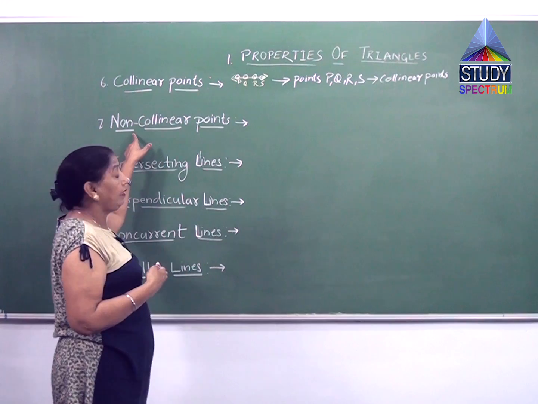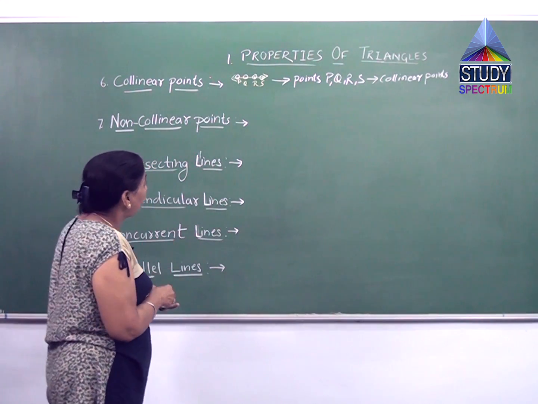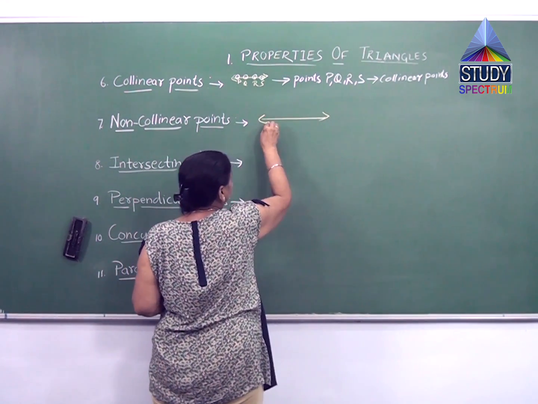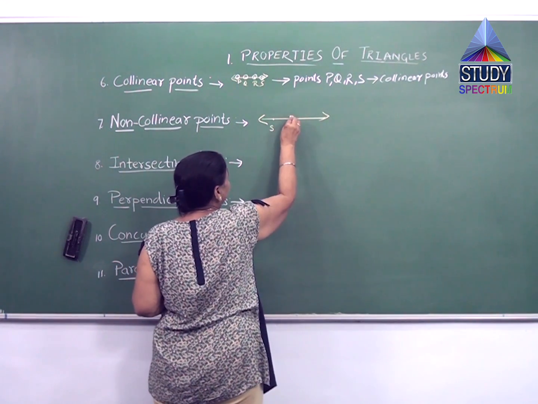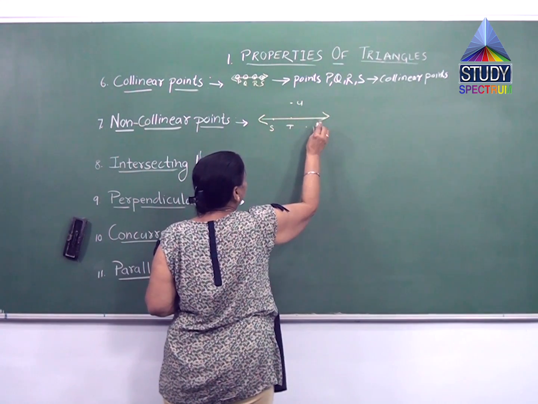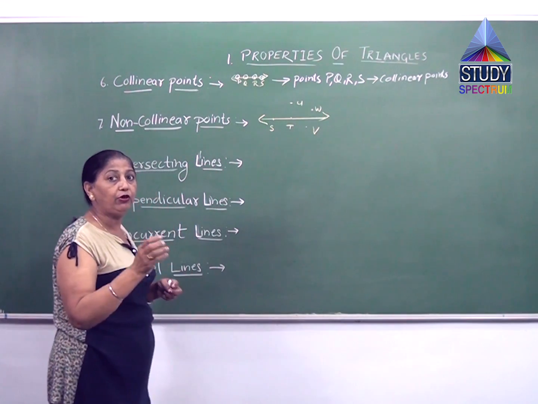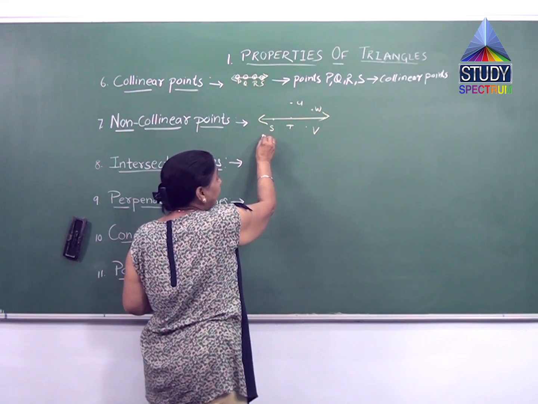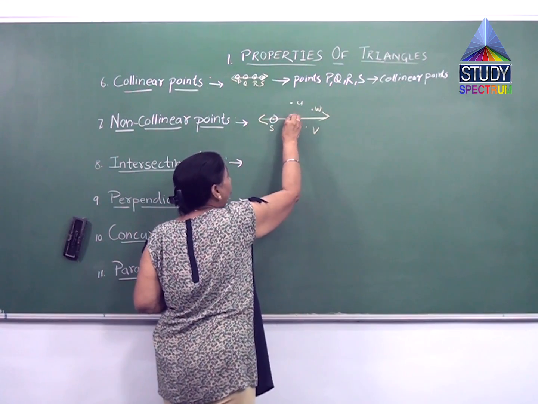Now the next term is non-collinear points. Suppose this is a line and there lie some points on it, that is S, T, then here there is U, here there is V, then here W. Now you can observe in this figure that this is a line and points S and T are on the line.